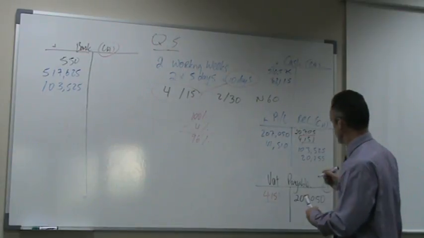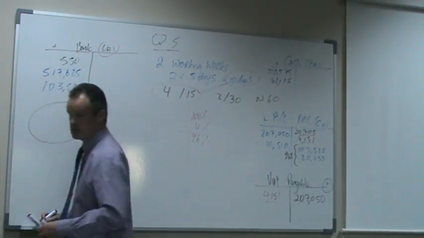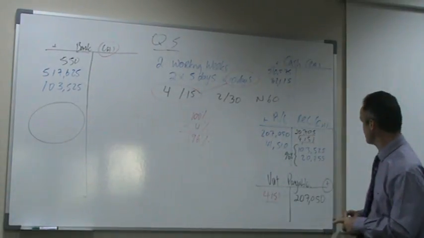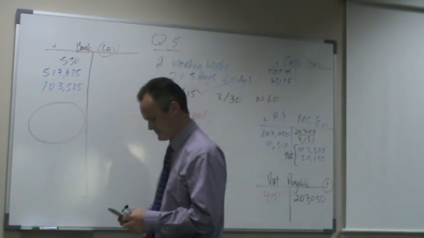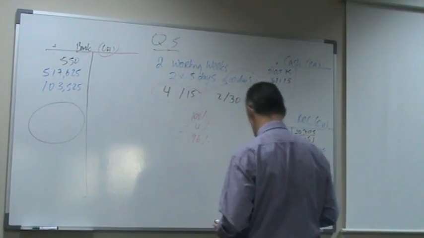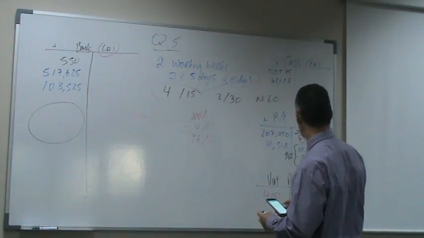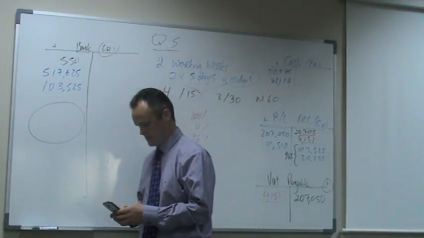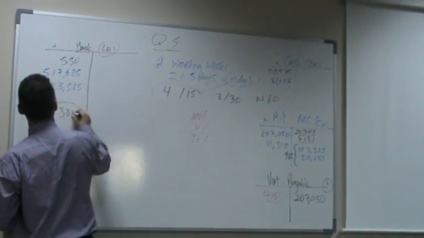So very straightforward, we get 96% of that, and of course we're going to put it into the bank. So 96% of 103,525 is 99,384.